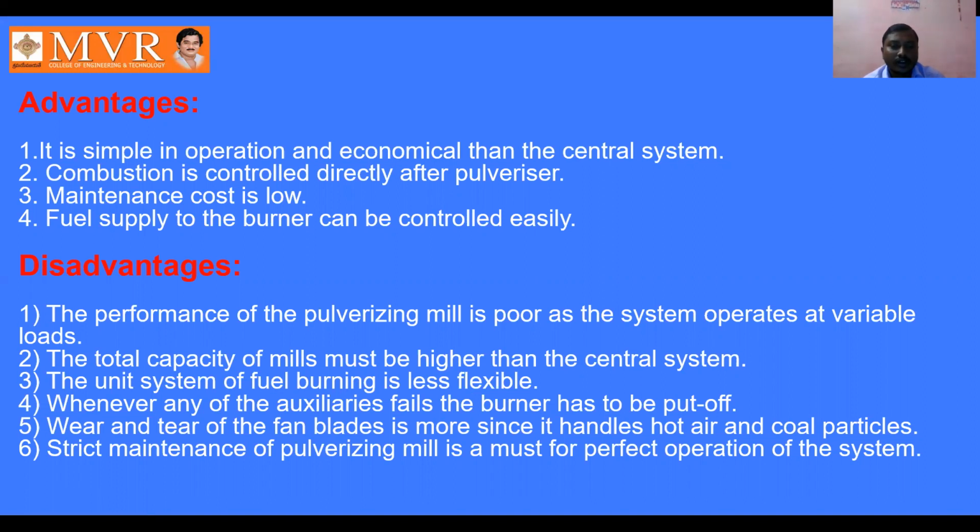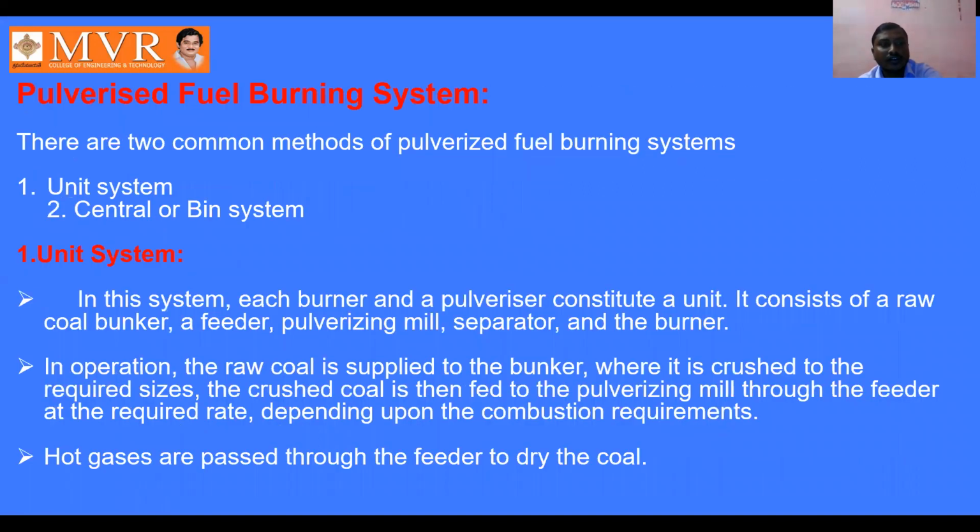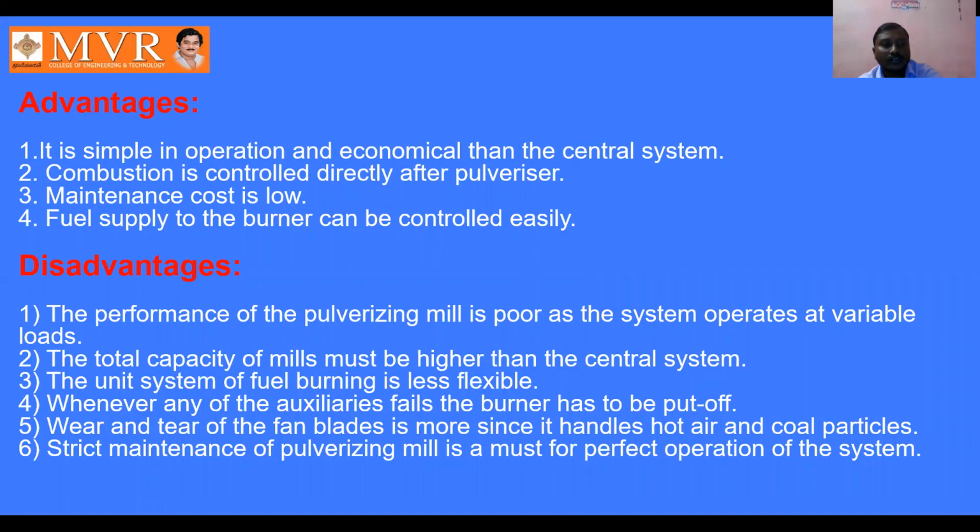These are some of the disadvantages of this unit system. The performance of the pulverizing mill is poor as the system operates at variable loads. When it varies at different loads, the performance of the pulverizing mill becomes very poor.